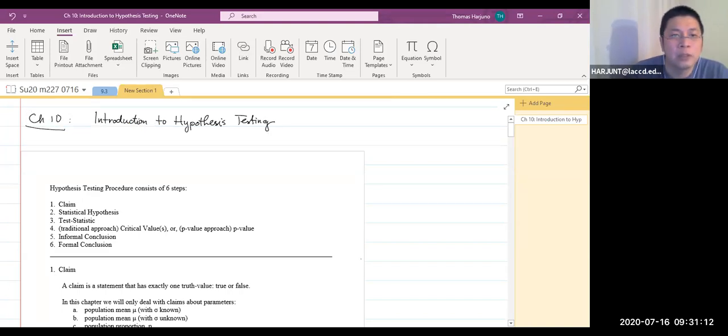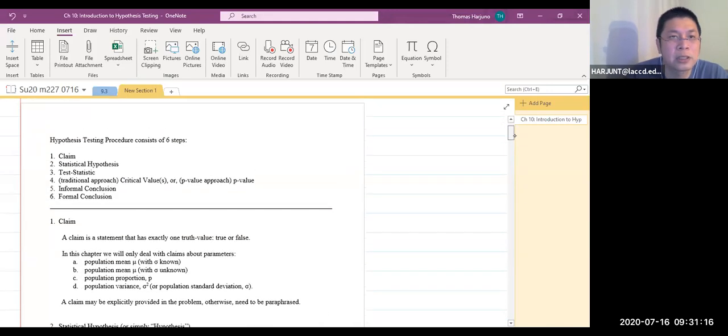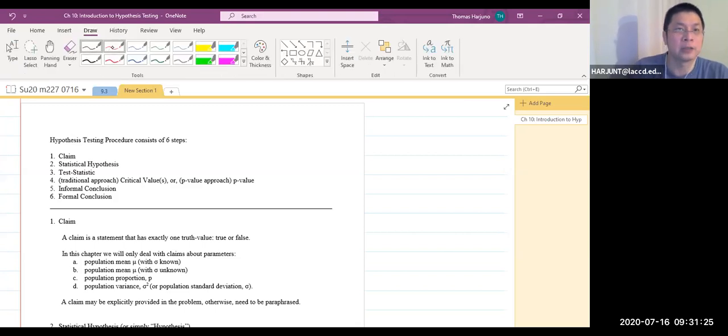Hypothesis testing consists of 6 steps. When you do hypothesis testing later on in my class, you need to do these 6 steps. In fact, you even need to write one claim, two statistical hypotheses, and so on. There will be 6 steps that we will go over in this hypothesis testing procedure.